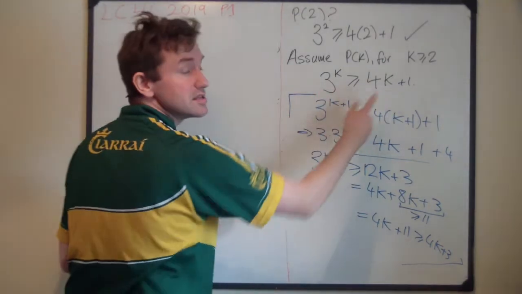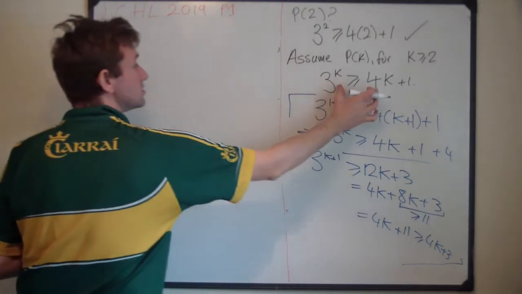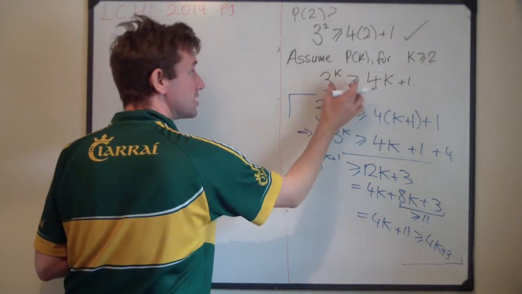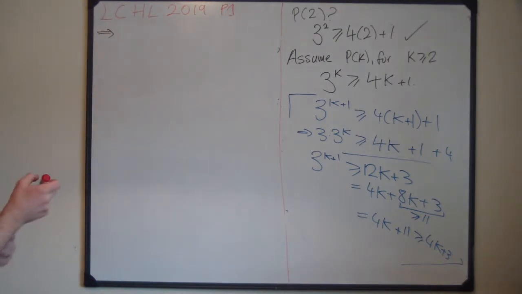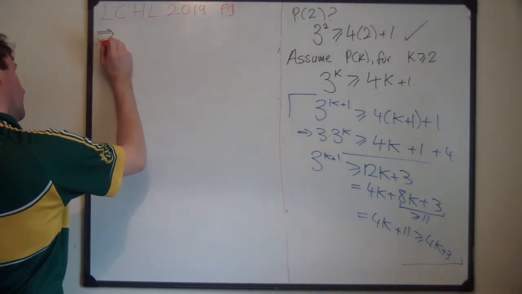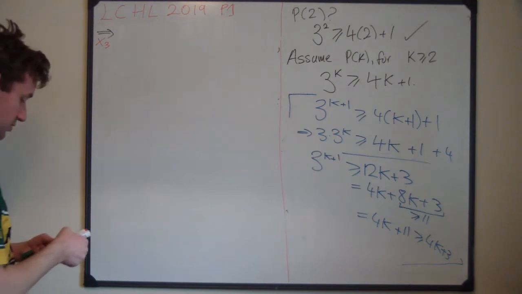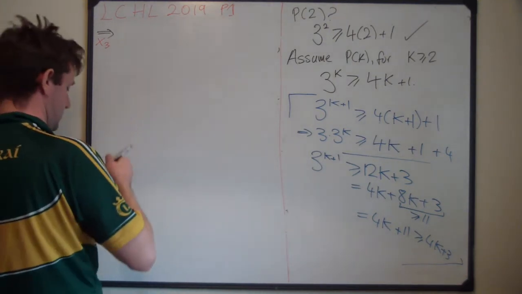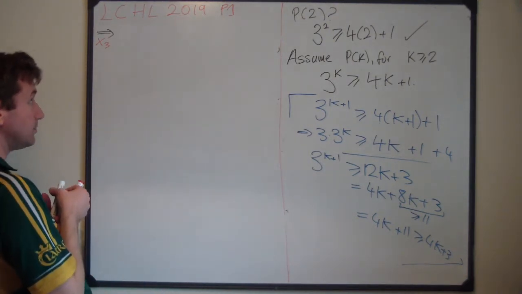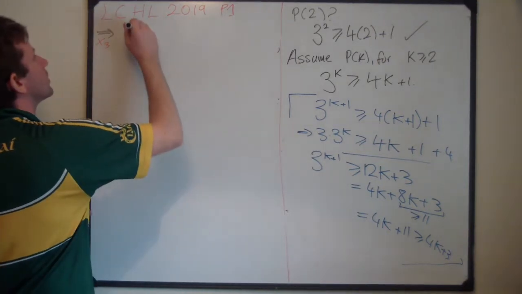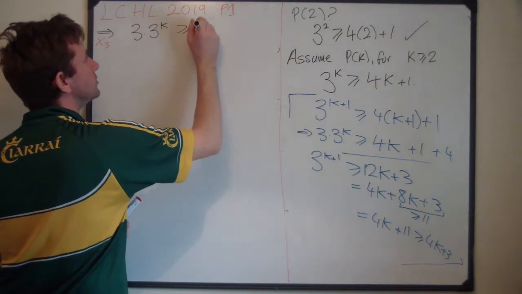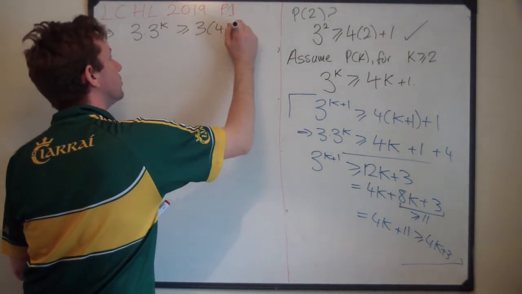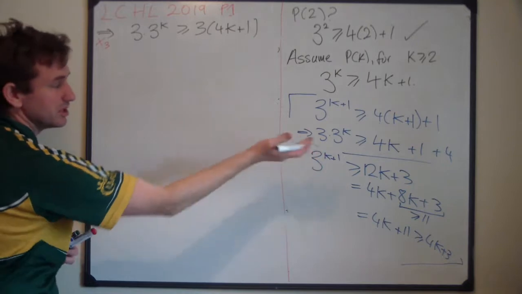So we're going to multiply both sides of this by 3. If this is greater than or equal to this, I can multiply both sides by a positive thing, I can multiply both sides by 3, and I get another true inequality. So I end up with 3 times 3 to the k greater than or equal to 3 times (4k plus 1). And now I just repeat what I did here.